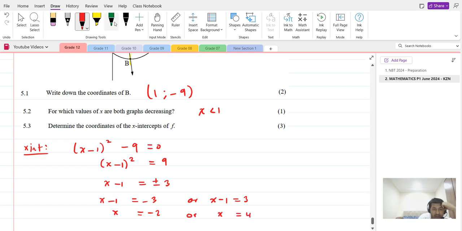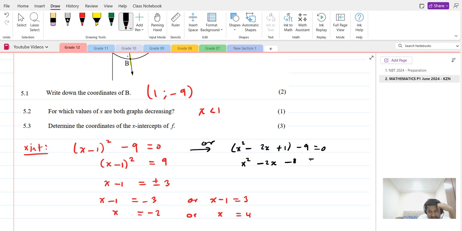If you try to solve it the other way by opening this entire thing up, you can do that. That's x squared minus 2x plus 1 minus 9 is equal to 0. So you get x squared minus 2x minus 8 is equal to 0. You can factor it into two brackets: x minus 4 and x plus 2.